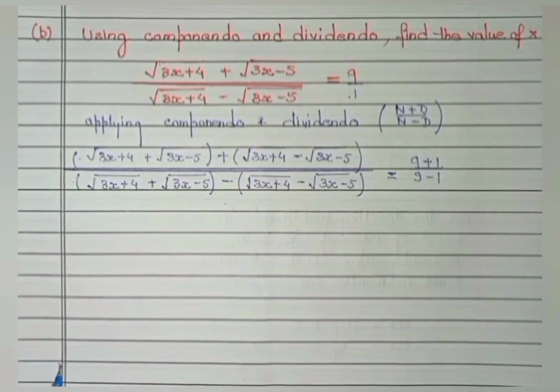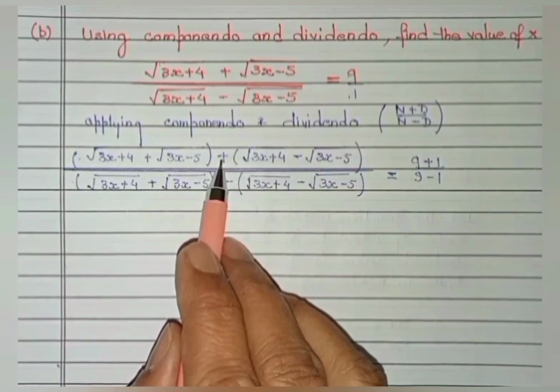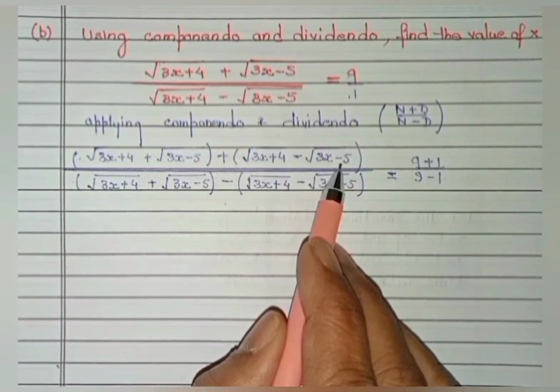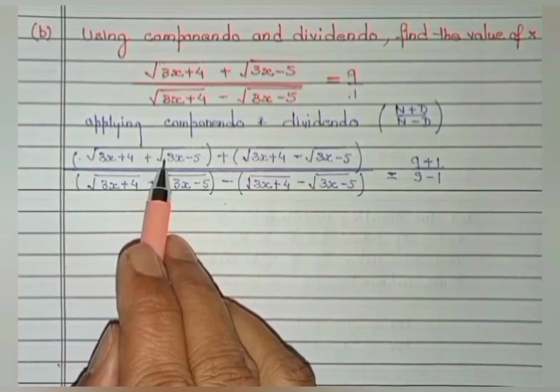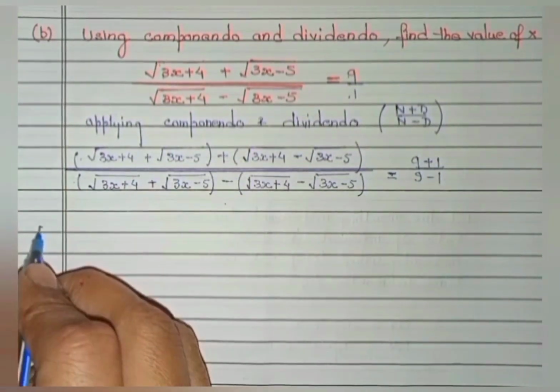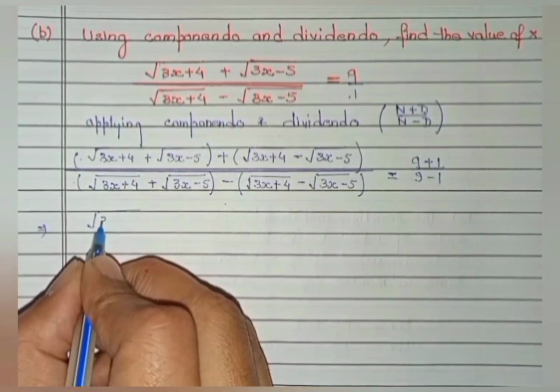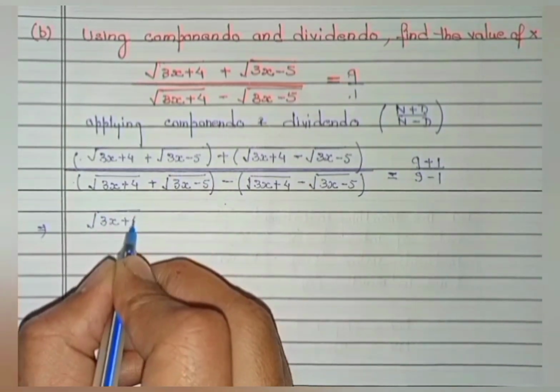Okay, now let us open the bracket. Now when you open the bracket, from the second bracket here you will be getting negative 3x minus 5, and from the first bracket you will be getting a positive. So I will show you. You open the bracket like this, it will be under root 3x plus 4.